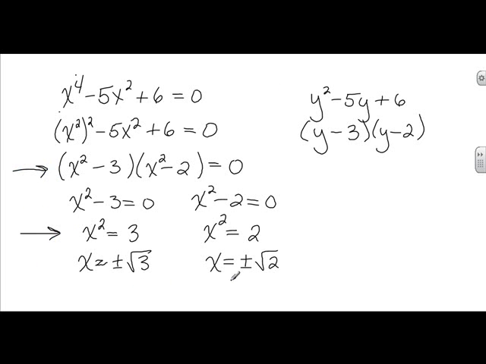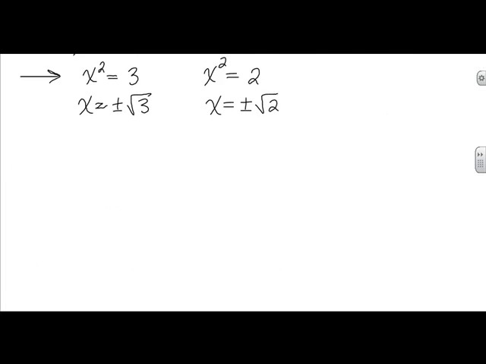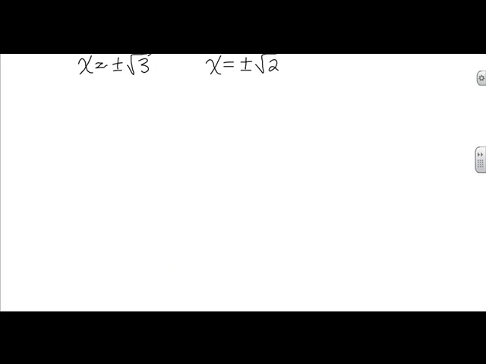The next type of equation I want to take a look at are absolute value equations. We'll start with a really simple one. The absolute value of x is equal to 2. Remember that absolute value is distance from 0.